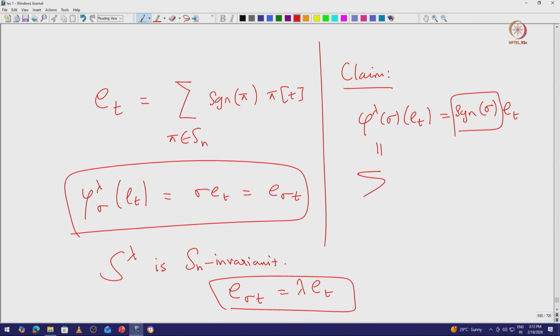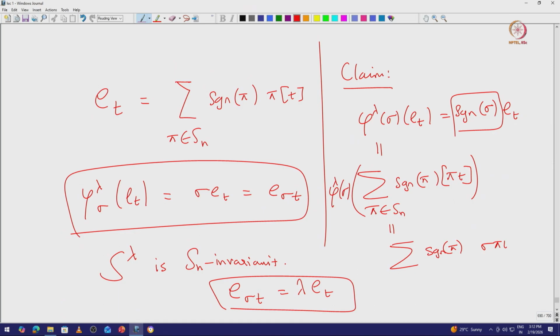So, this is going to be the summation of sign pi times pi t, where pi comes from S n. Note that this is the E t definition, you have to apply sigma on this, so phi lambda of sigma. By definition of phi lambda of sigma, this is exactly going to be equal to the sum of sign pi times sigma pi t, where pi comes from S n.